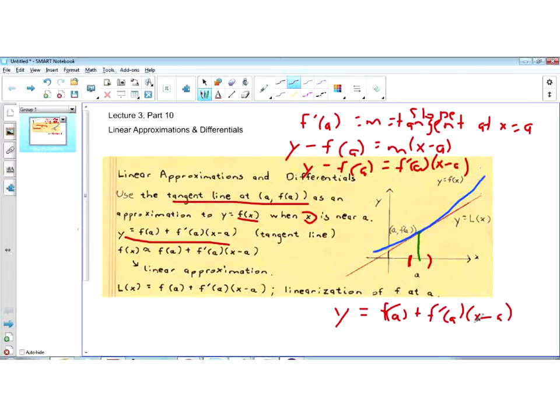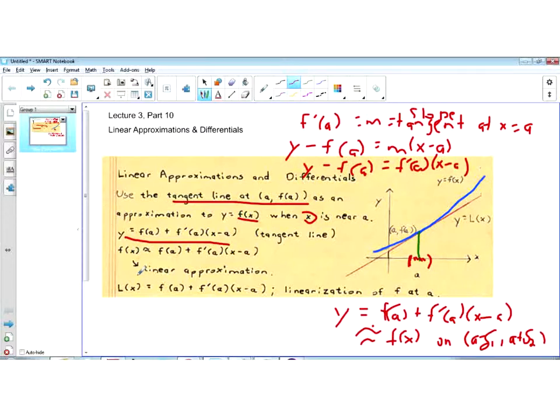So this is the equation of the tangent line, and if you are in a small neighborhood about a, in other words, if you're somewhere in this interval on the x-axis, this also happens to be an approximation for f of x on, say, a minus delta 1, a plus delta 2, and a is included in this interval. All right, so we have an approximation.